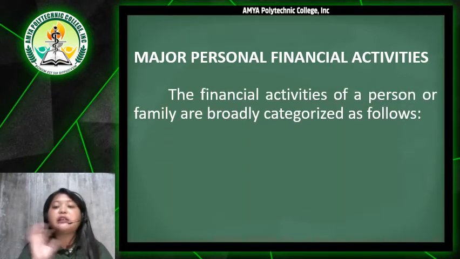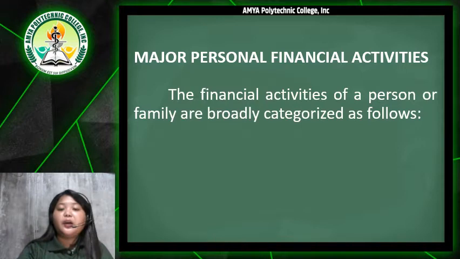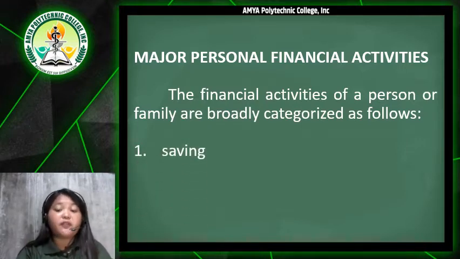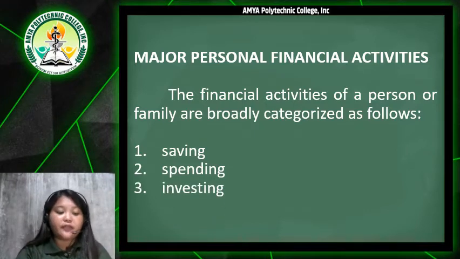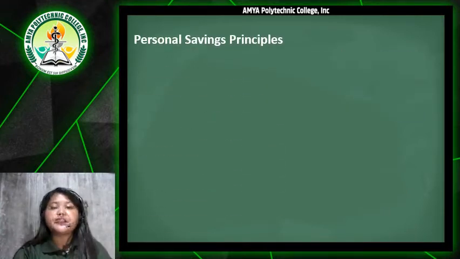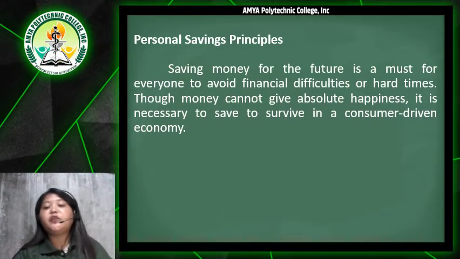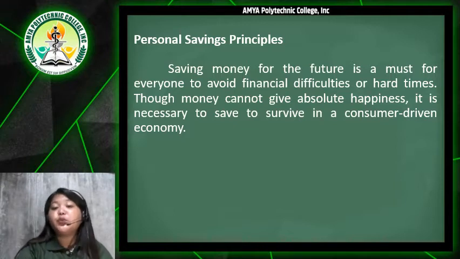The financial activities of a person or family are broadly categorized as follows. The first one is savings. The second one is spending. And the third is investing. For the personal saving principles, saving money for the future is a must for everyone to avoid financial difficulties or hard times.